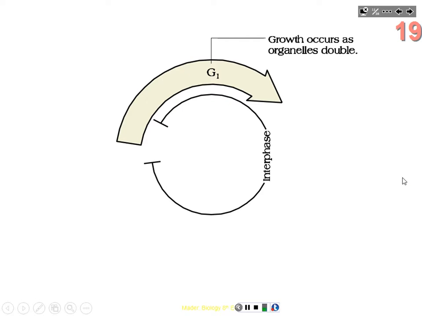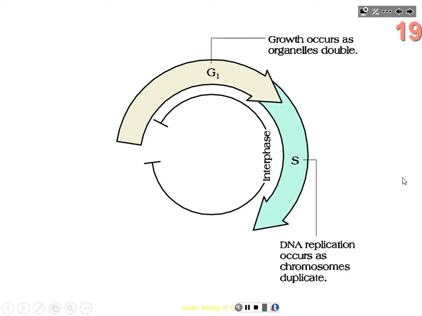So S is replication. This is when your chromatin replicates. This is when your DNA makes a copy of itself. Then the cell will get ready to divide. And keep in mind, in division, something is going to have to tear that chromosome apart, right?